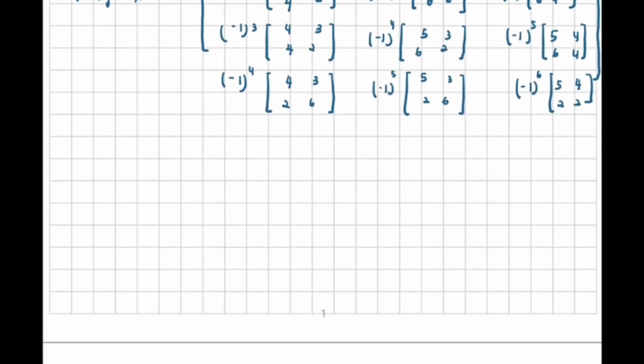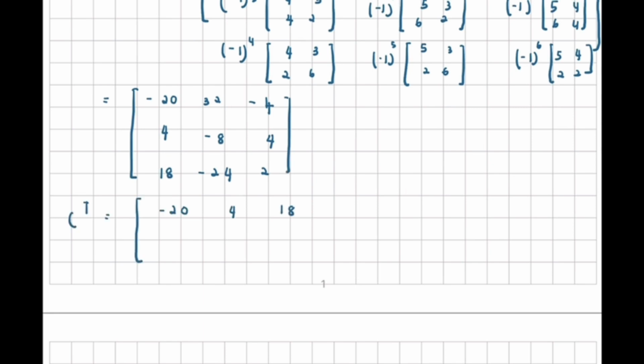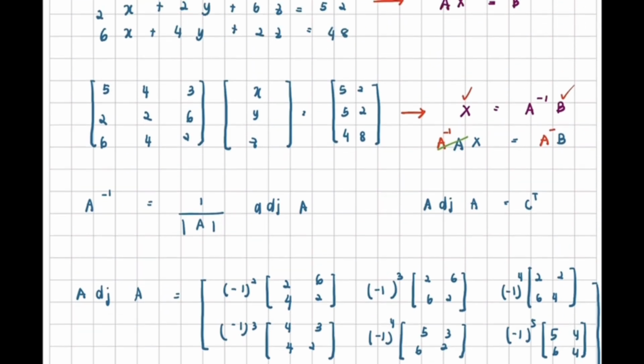So we insert all the values according to the formula. We will get -20, 32, -4, 4, -8, 4, 18, -24, and 2. And for C transpose, we will get -20, 4, 18, 32, -8, -24, -4, 4, and 2.